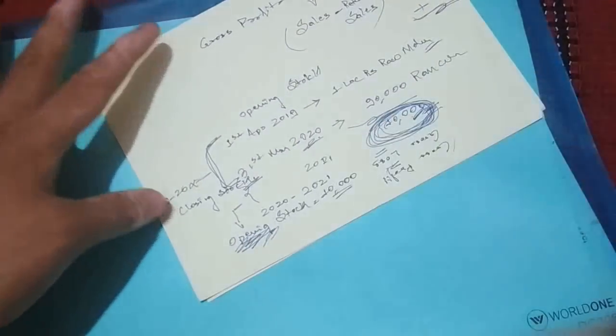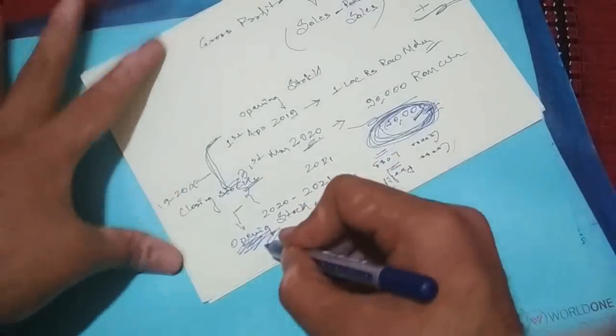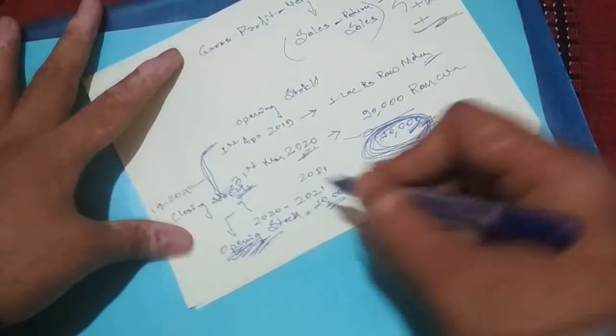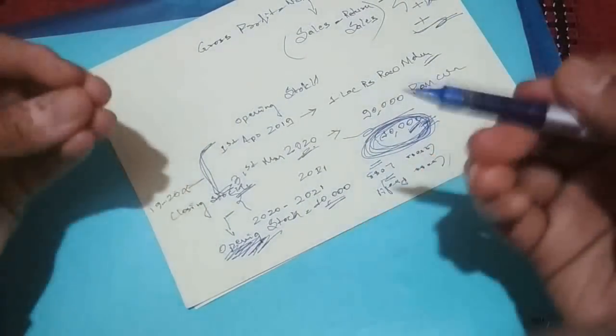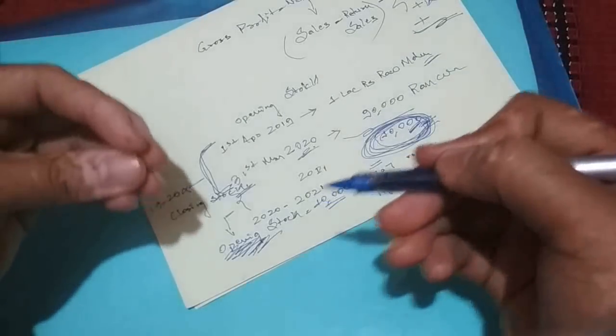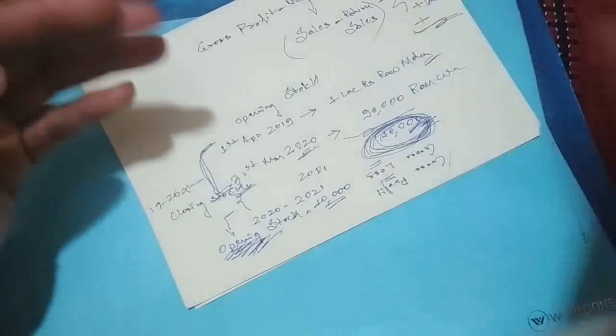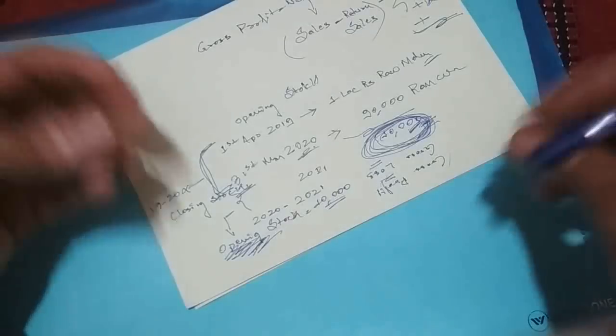Okay, what I wanted to say is that opening stock is nothing but the stock that we were left with in the last year, which is carried forward and taken into account for the next year's balance sheet or profit and loss account.